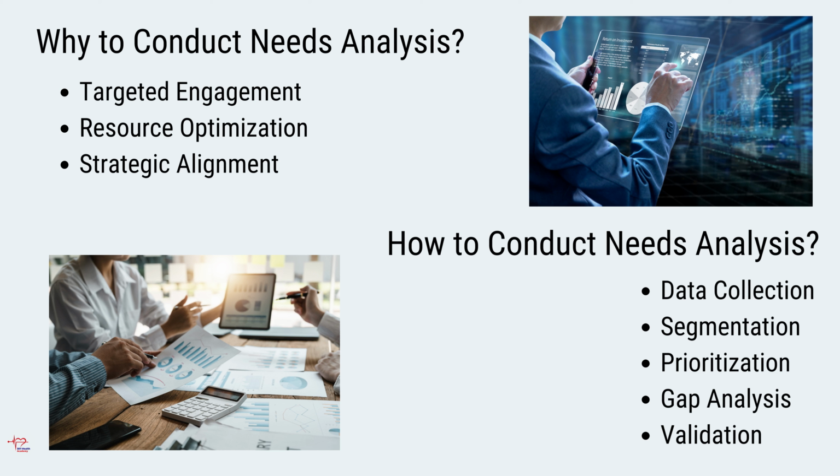And you may need to do a gap analysis and validation. So these are the steps you need to follow in order to have an effective exercise that will help you later on put a very successful plan or strategy that will reach successful levels.